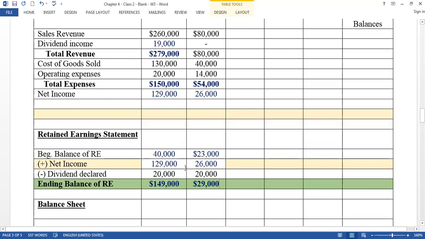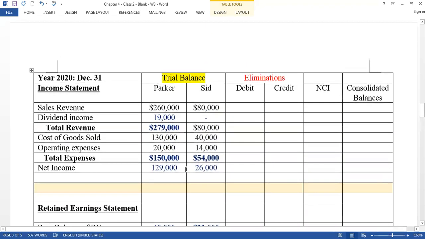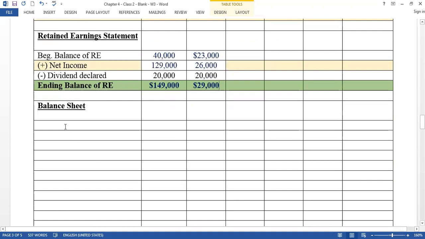You understand, right? So we found the income statement and retained earnings, now the balance sheet.